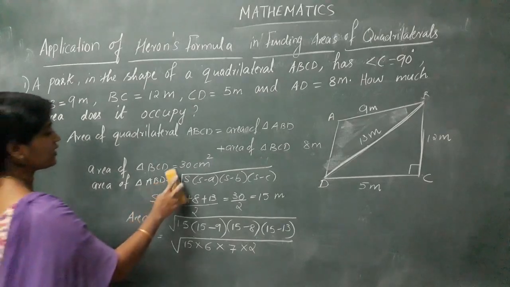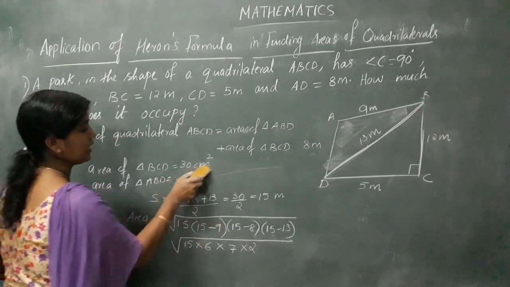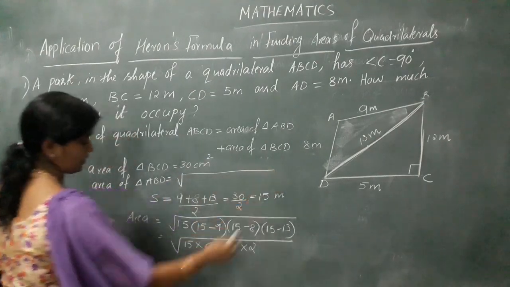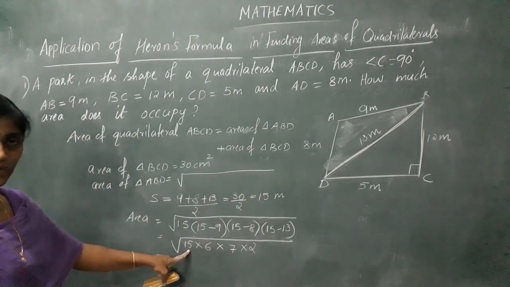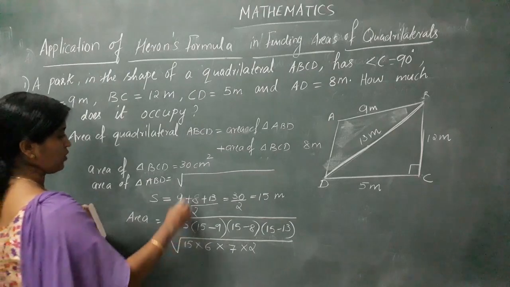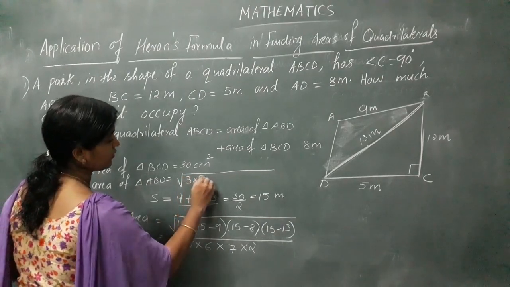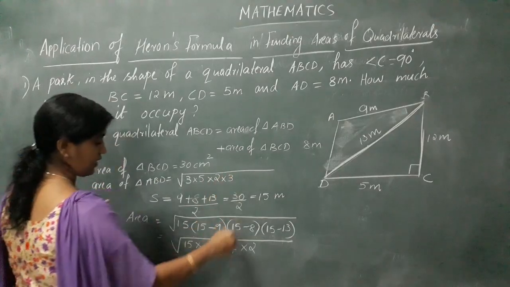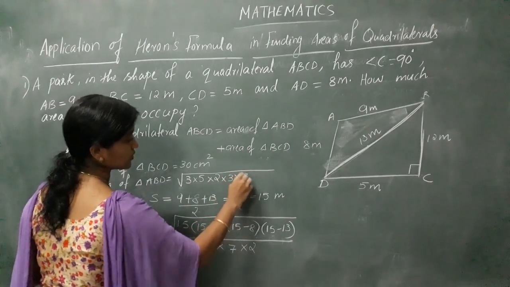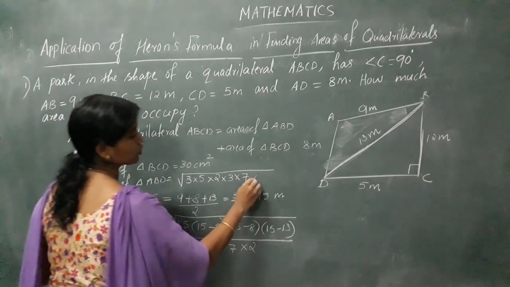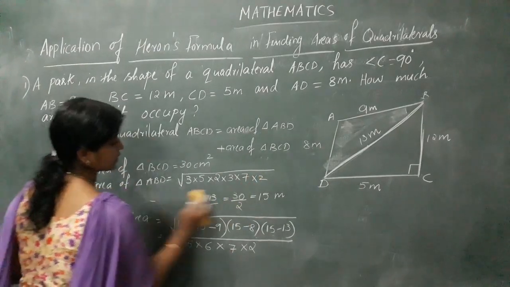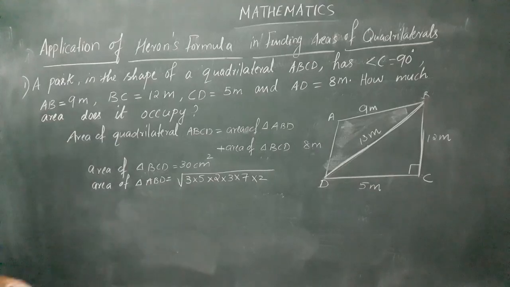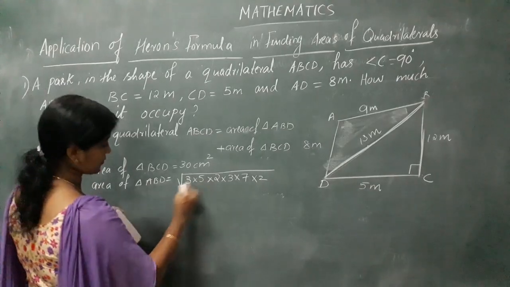So what do you get here? Area of triangle ABD is equal to root of 15. Again we can factorize as 3 into 5. So 3 into 5 into 6 is 2 into 3. Now 7, this one cannot be factorized. So next I am going to take all the two terms first together.